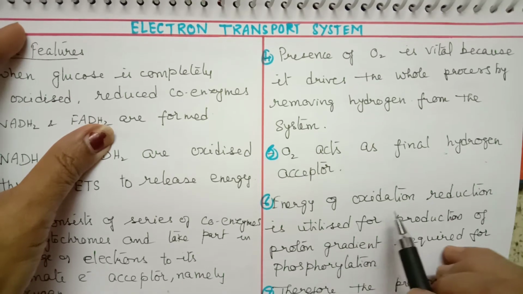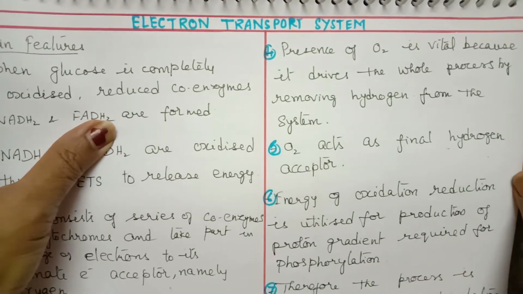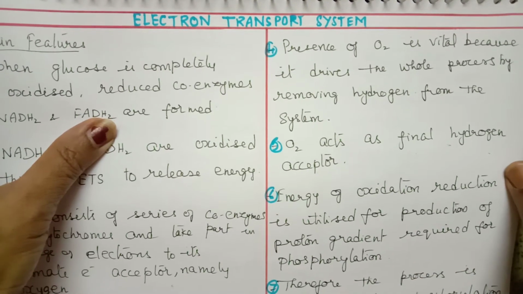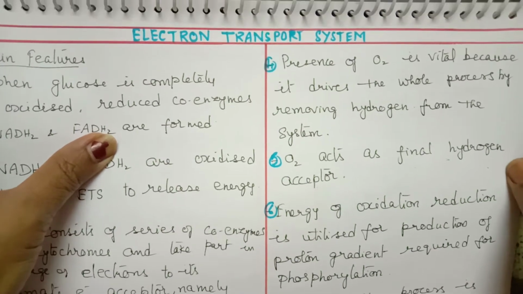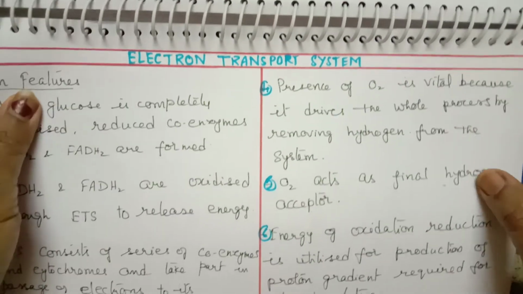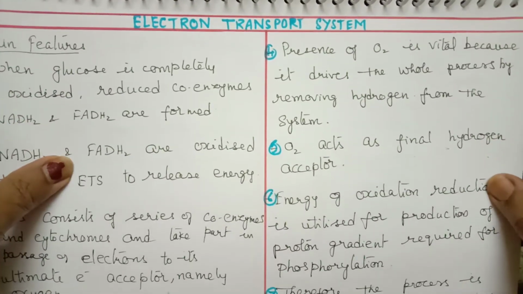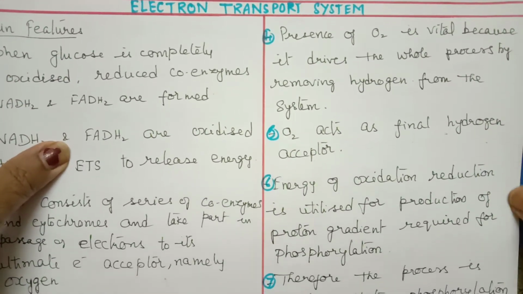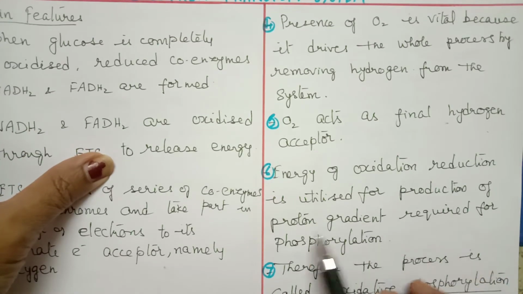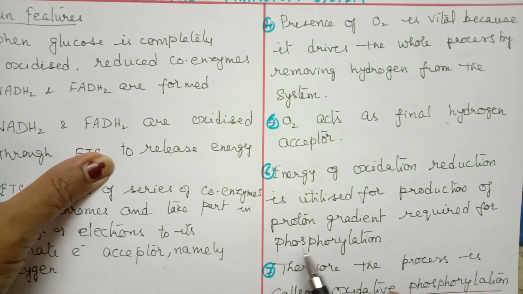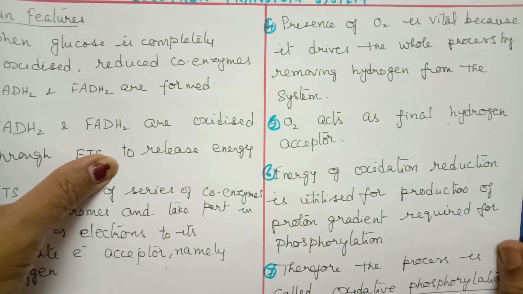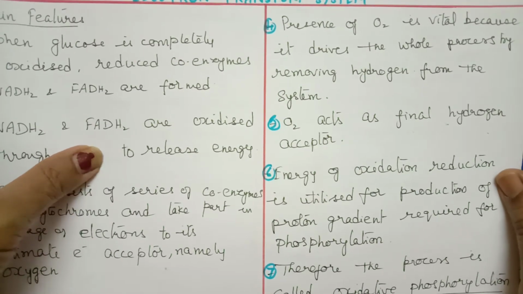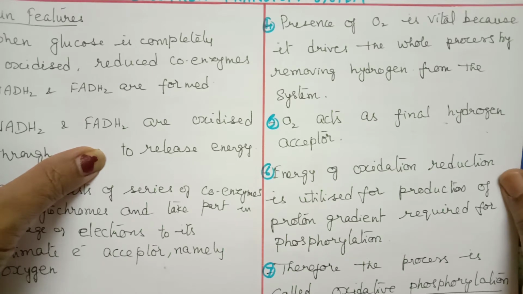Now, when the oxidation reduction process is taking place, some energy is released. It is the movement of electrons, and this energy is utilized for production of a proton gradient, which is required for phosphorylation. Phosphorylation is the synthesis of ATP from ADP and inorganic phosphate.